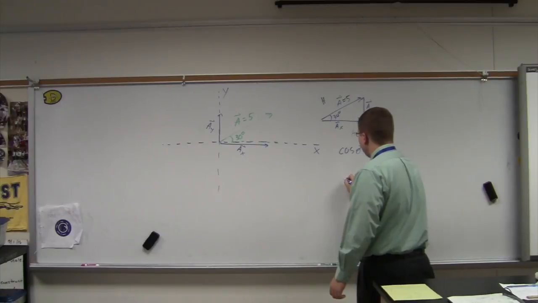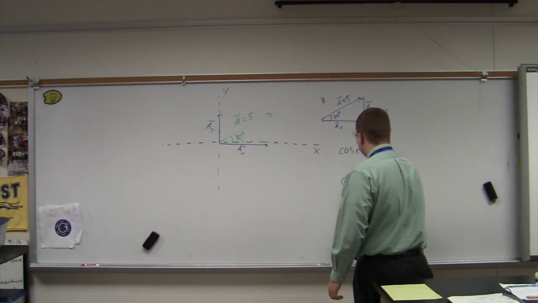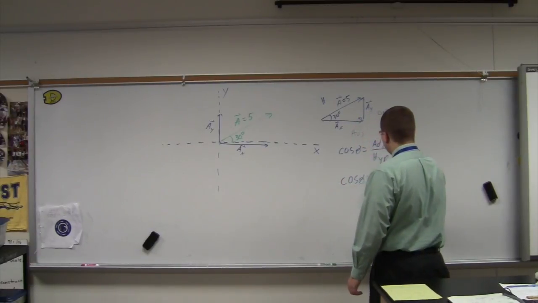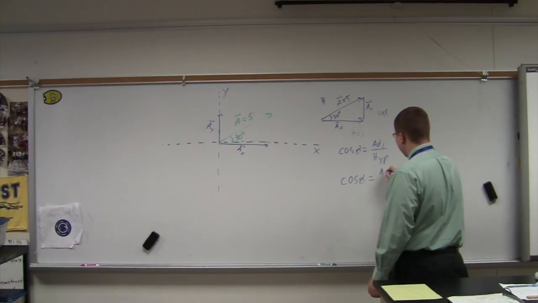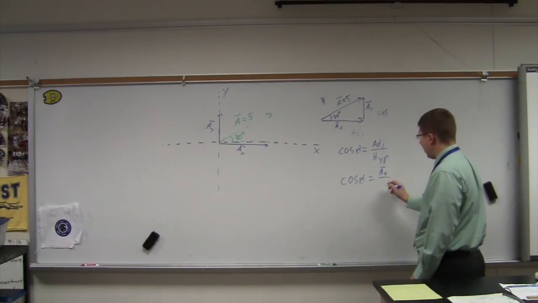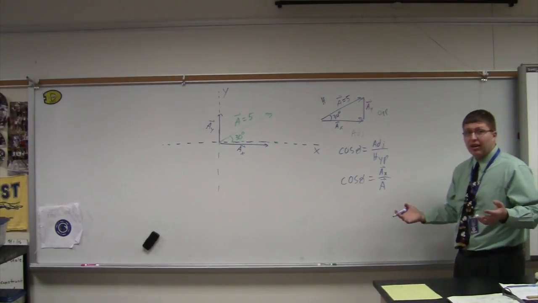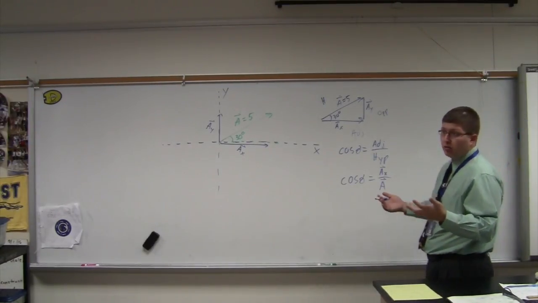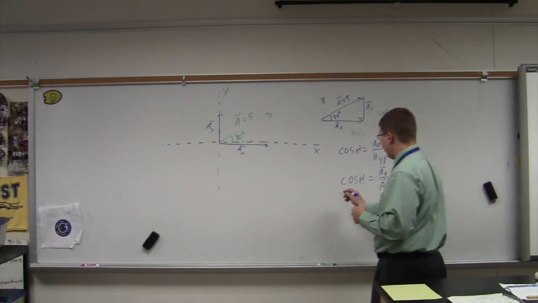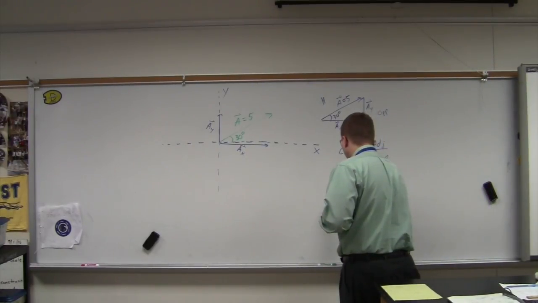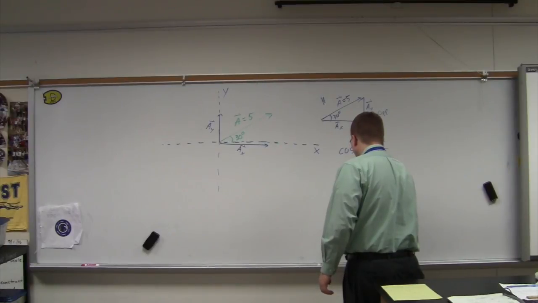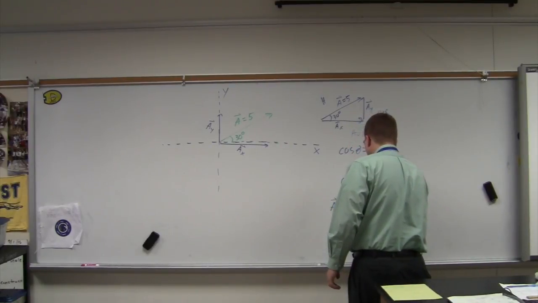I'm going to plug in the vector symbols in here. So instead of adjacent, I'm going to write AX. Instead of hypotenuse, I'm going to write A. And if you're in my class, you should know that I like to only plug in numbers at the very end. So I'm going to rearrange this. I'm going to say A cosine theta equals AX.